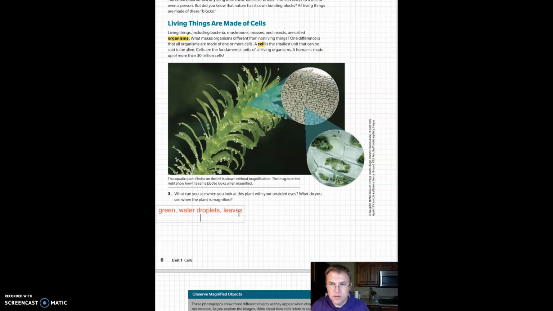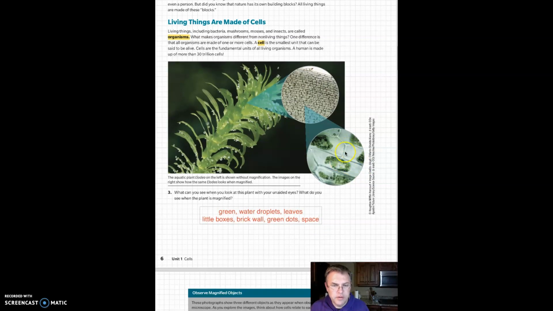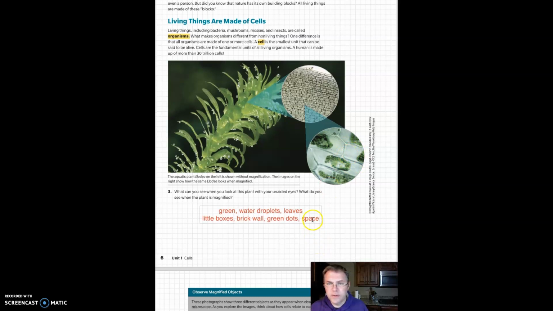And then as I look at those little magnified areas, again, if I look at this one, and even when I look at the bigger one over here, I can see like some little boxes, little bricks. The top one kind of looks like a brick wall. I see some green dots. That's probably pretty good. There's a little bit of maybe space in there as well. Okay, so I've got this area where I don't see very many things in it.